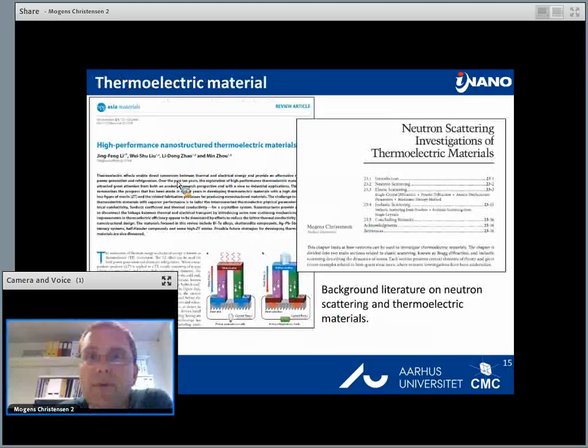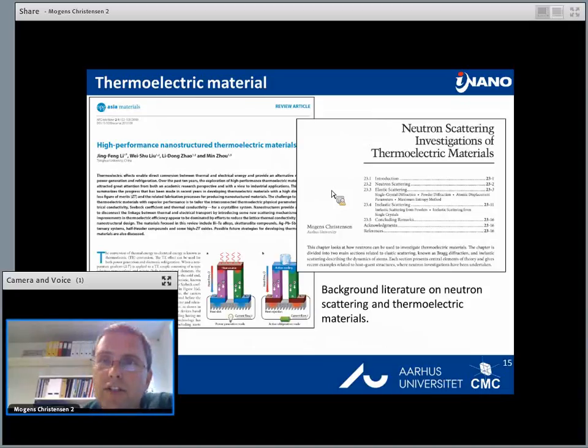Two other papers you have been given are on thermoelectrics. One is a more general thermoelectric background, from a review article in NPG Asia Materials from the Nature Publishing Group. The other one is taken from the Handbook of Thermoelectrics, called Neutron Scattering of Thermoelectric Materials.